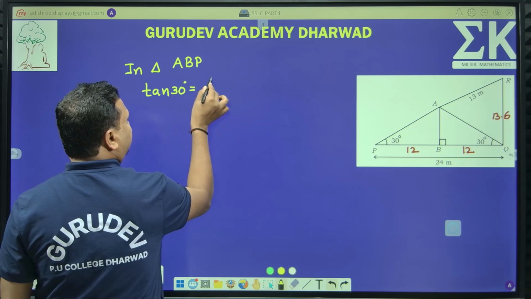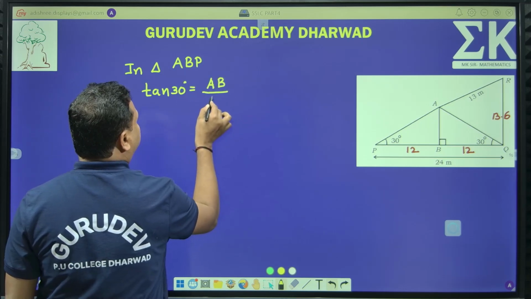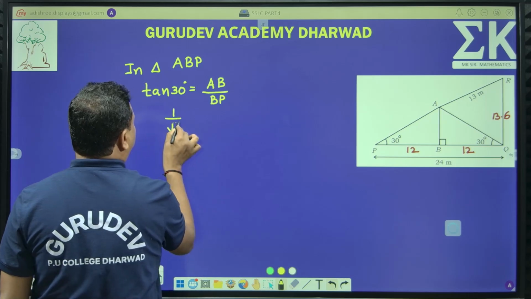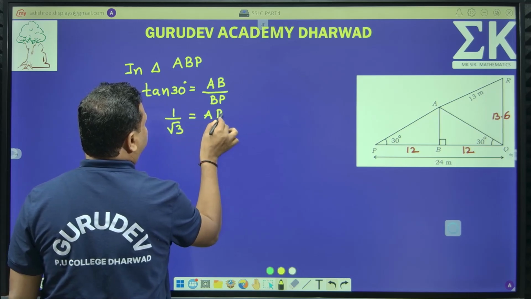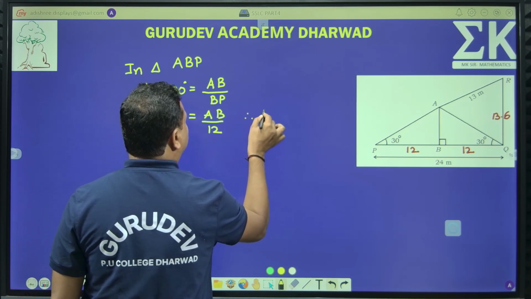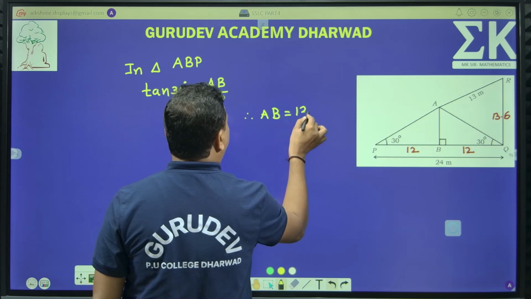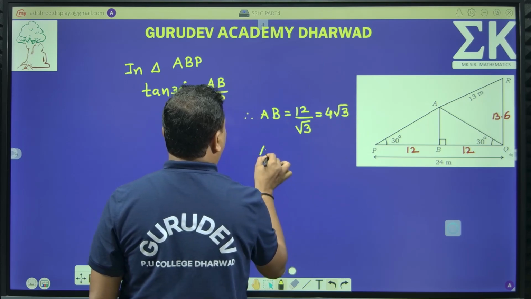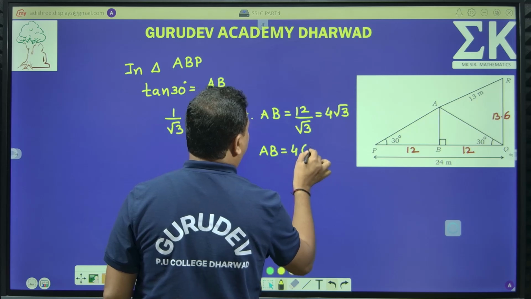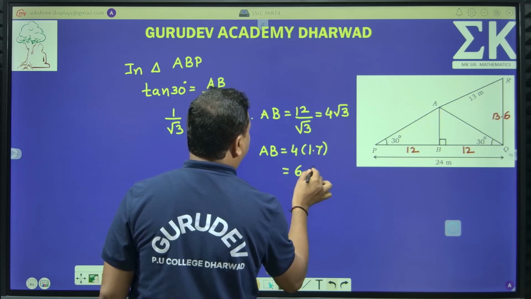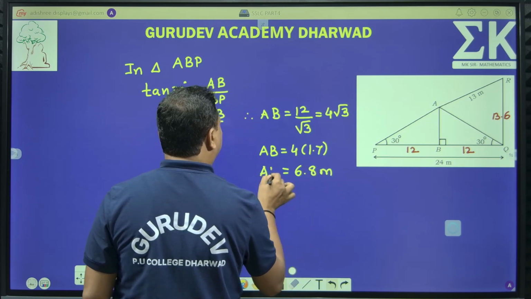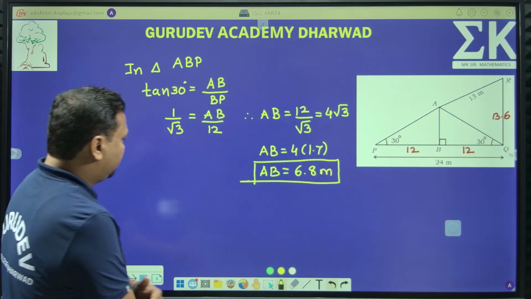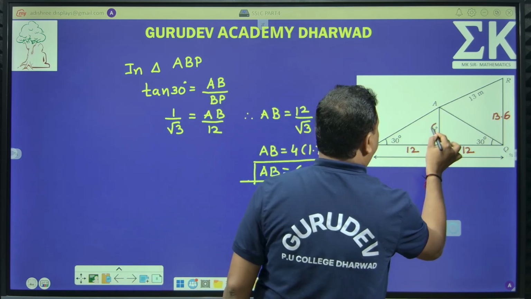Tan 30 degrees, once again, is AB divided by PB or BP, whichever you take. What is tan 30 degree? 1 by root 3. AB we have to calculate. BP is how much? 12. Therefore, AB is equal to 12 divided by root 3, or else I can also write it as 4 into root 3. I hope you understood. What is root 3? AB is equal to 4 into 1.7, which is equal to 6.8 meter. Absolutely right. AB is equal to 6.8. Clear? So AB is 6.8.